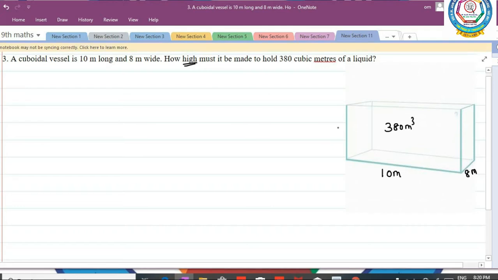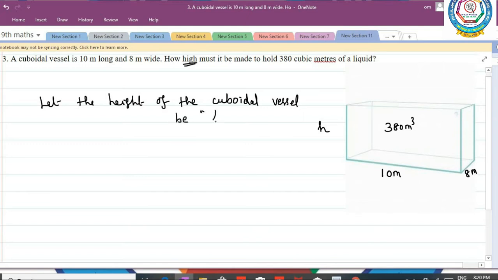They ask how high, meaning height, which we don't know. I'm going to take h. So I'm going to consider that the height of the cuboidal vessel be h meter.